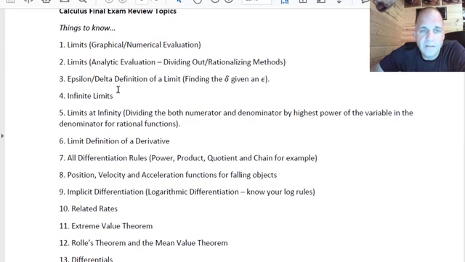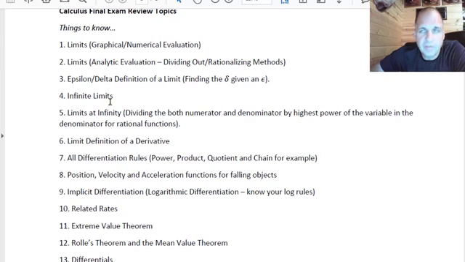Also, limits at infinity, so the limit as x approaches infinity. We had a technique where with rational functions we divided both the numerator and the denominator by the highest power of the variable in the denominator. So that was one of our techniques to determine what that particular rational function approached.